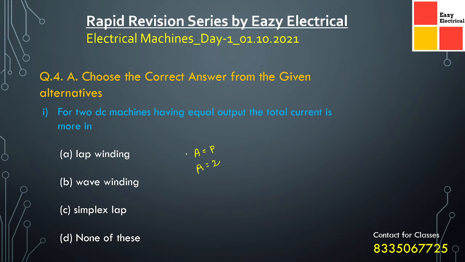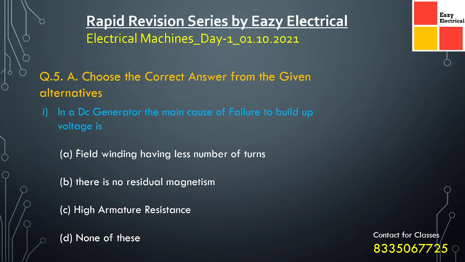Depending upon parallel circuiting, the amount of current it can handle will vary. This indicates that here we can handle a larger amount of current. So from this we can conclude that the lap winding will have the higher total current. Now coming to the next question.